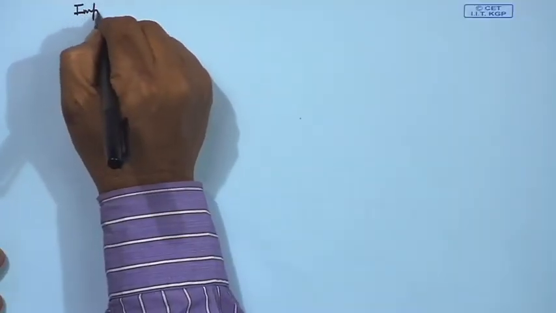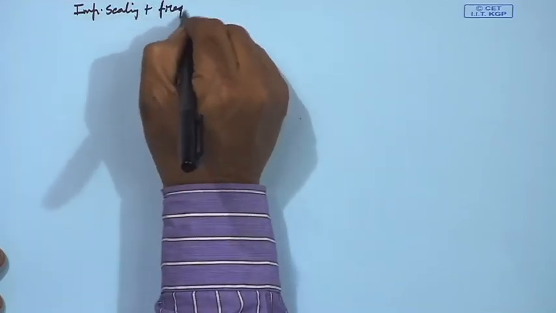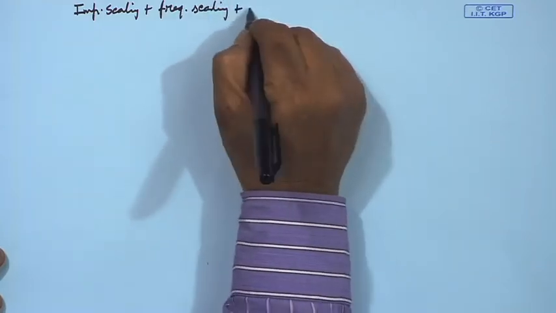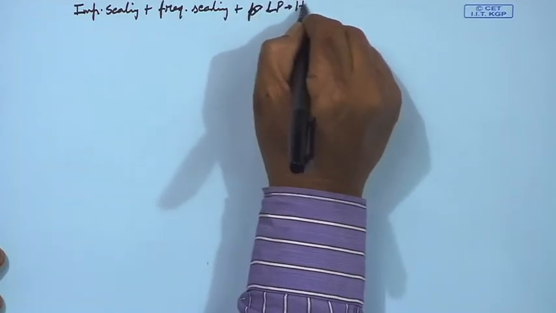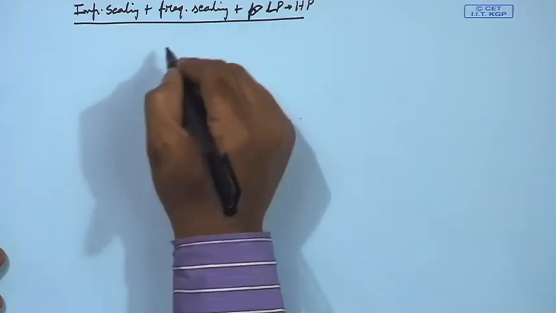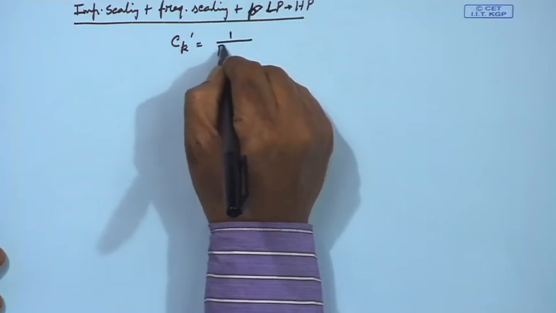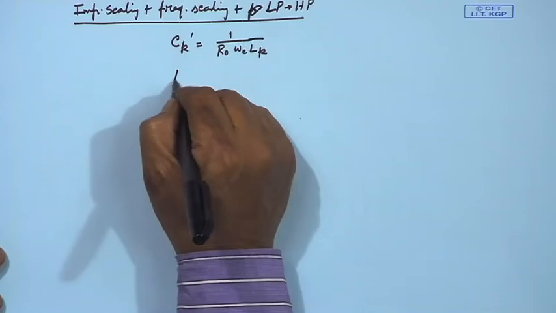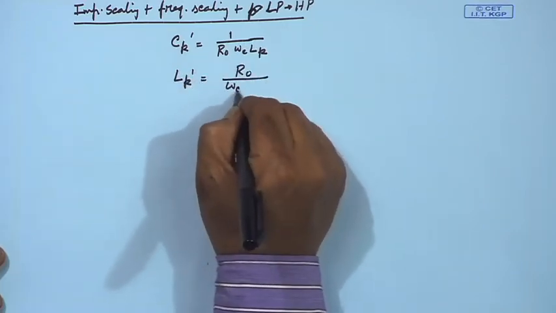So, impedance scaling plus frequency scaling, that means from 1 to omega c, plus low pass to high pass, all this put together, then my new C k dashed value is nothing but 1 by R naught omega c L k, and L k dashed value is R naught by omega c C k.